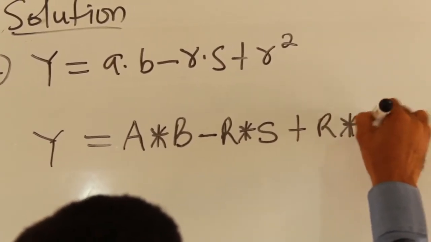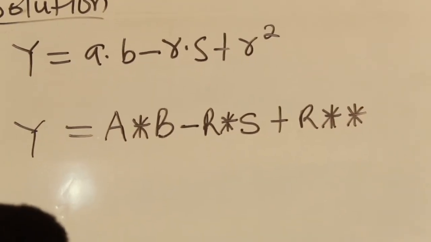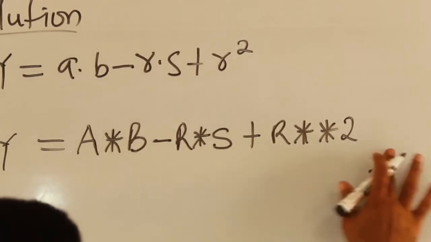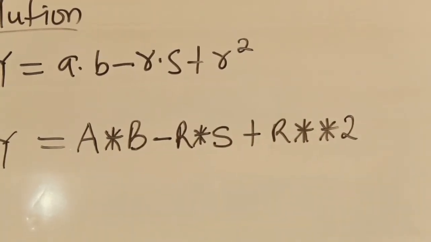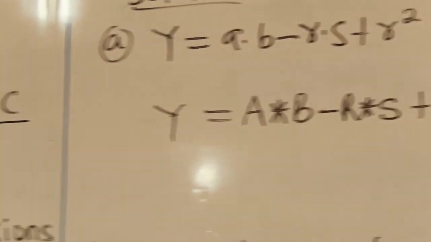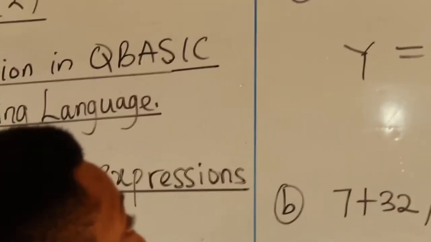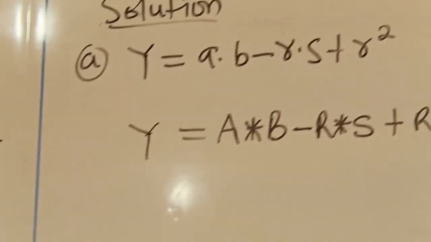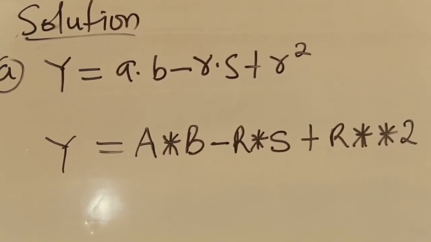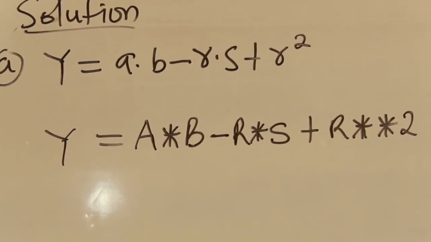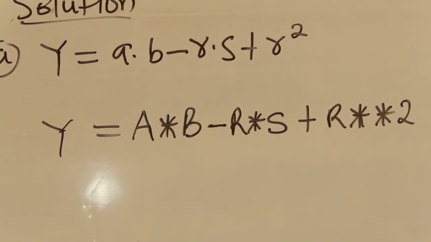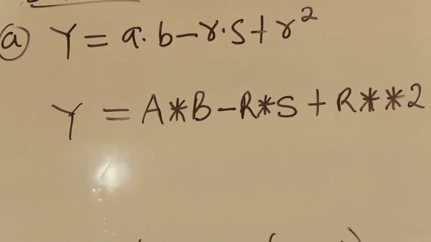Remember that for exponents, you can use double asterisk or you can use a caret sign; either of them can go. So for the first example, our basic expression is y equal to A times B, because asterisk is multiplication in mathematics. Then we have minus R times S plus R raised to the power of 2, which is the exponent.